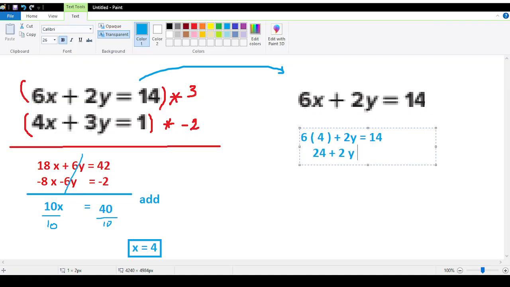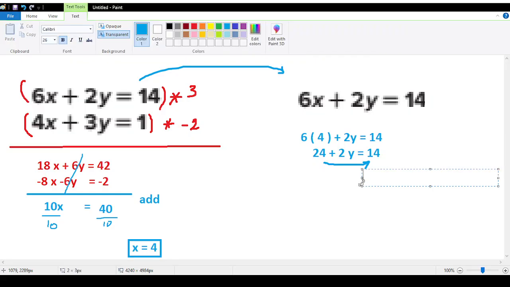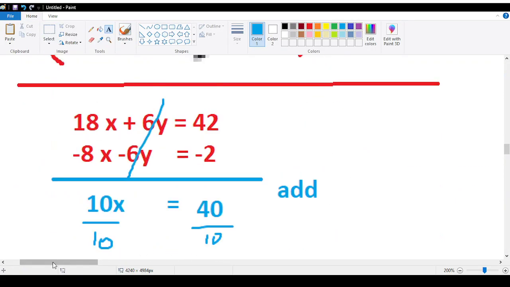Plus 2y equals 14. Now minus 24 from both sides. 14 minus 24, how much?